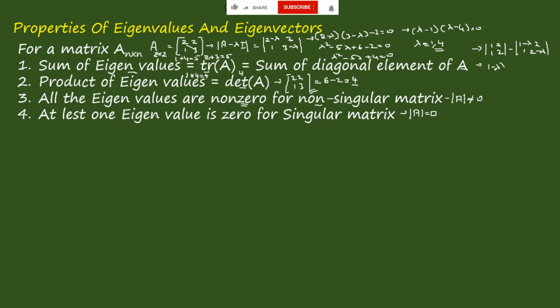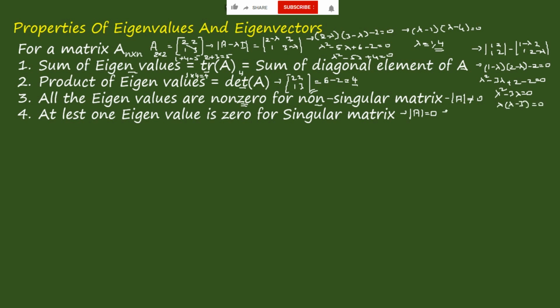(1 minus lambda)(2 minus lambda) minus 2 is equal to 0. So it becomes lambda square minus 3 lambda plus 2 minus 2 is equal to 0. So we get lambda square minus 3 lambda is equal to 0. Then we get lambda into (lambda minus 3) is equal to 0.